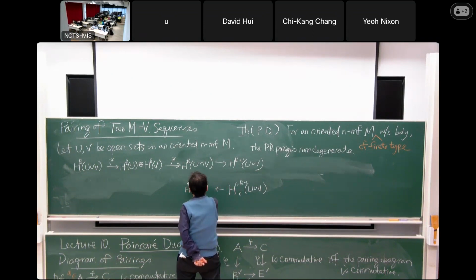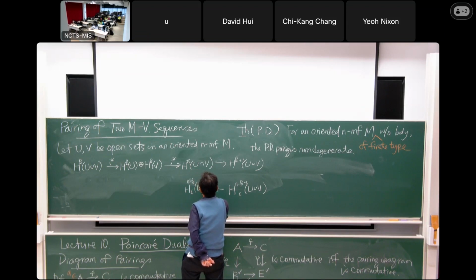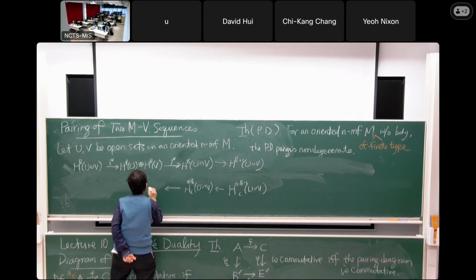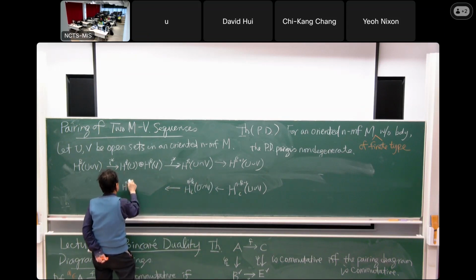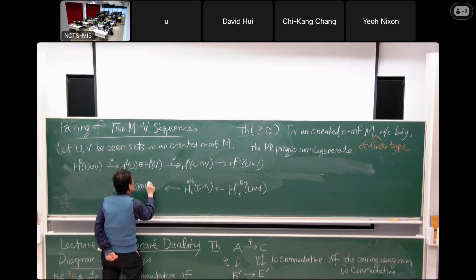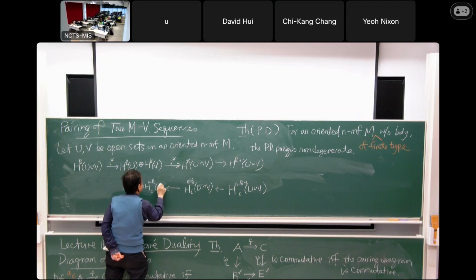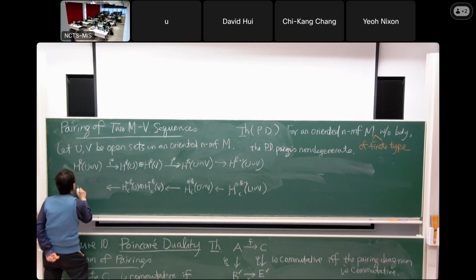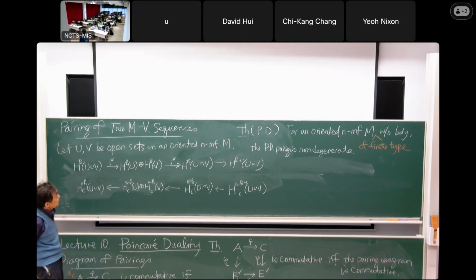H^(n-k) with compact support of the intersection going into H^(n-k) of U plus H^(n-k) of V, okay, going into H^(n-k) with compact support of the union. Okay, yeah, so we've got these two Mayer-Vietoris sequences.